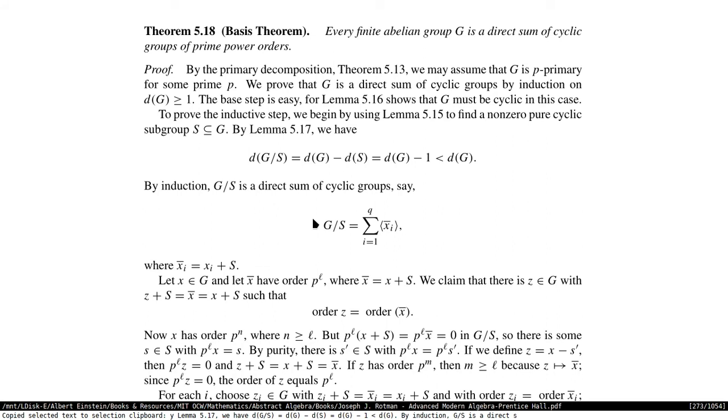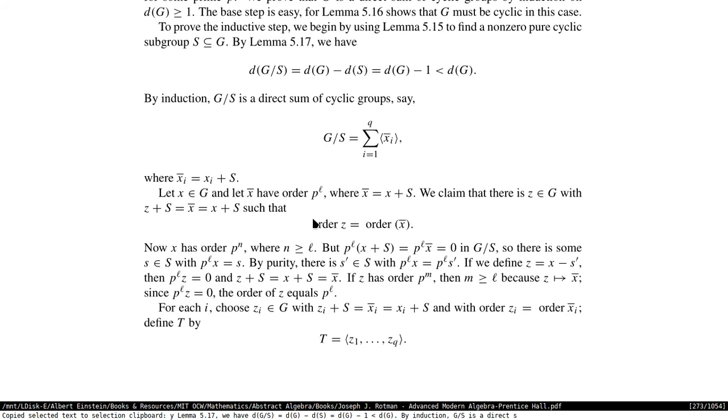Yeah, we know that already. z has order p to the m, where m must be greater than or equal to l, because z gets mapped to x bar. Wait. Since p to the l of z is equal to 0, the order of z is equal to p to the l. Okay, all of this makes some sense to me, except I'll have to put the pen and paper down to make sure I totally understand it.